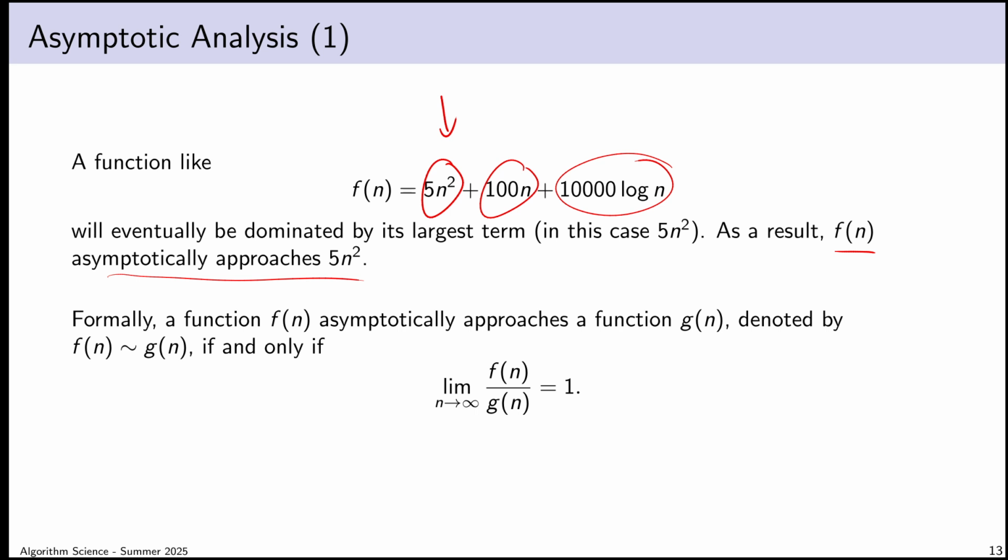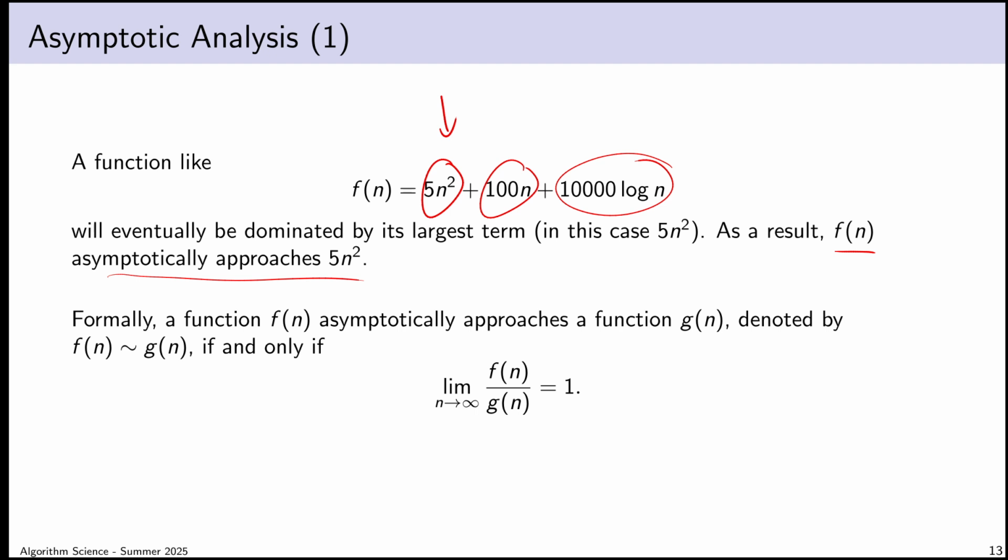Now, this relationship of saying that something asymptotically approaches something else is interesting, and there are those that do use this as their main criteria for analyzing algorithms, but we are not going to be among those people, because I think, and I think a lot of other sources agree with me, that the relationship of f asymptotically approaching g is a little bit too strict for our purposes.